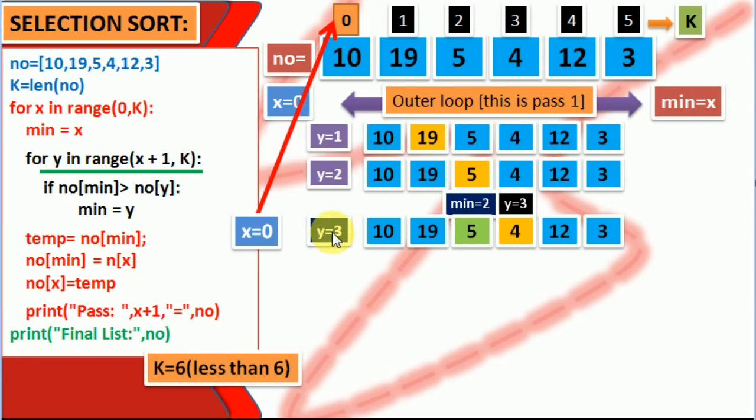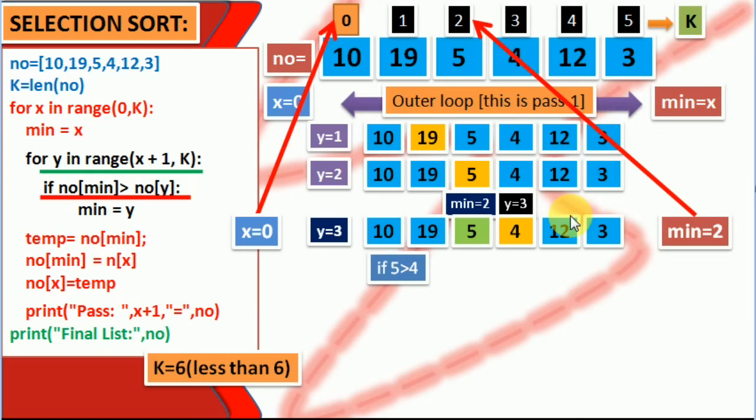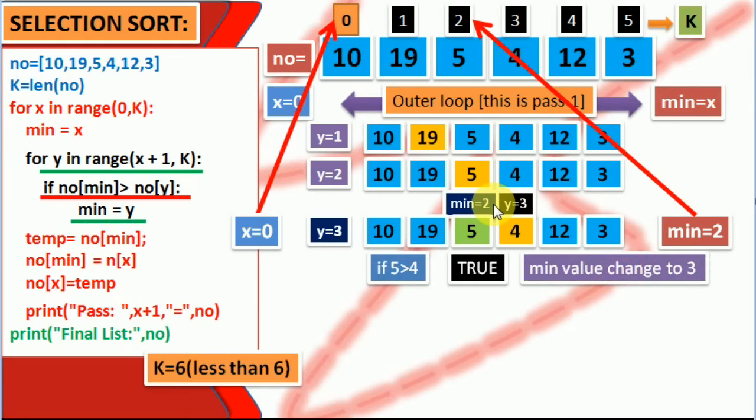Now when the value of y is 3, min is at 2 and y is at 3, meaning 5 and 4. Again the condition is checked. Min is sitting at 2 now, and that value is 5. Is 5 greater than 4? So again the condition is true. Now again it will overwrite the value of min by the value of y, that is 3.